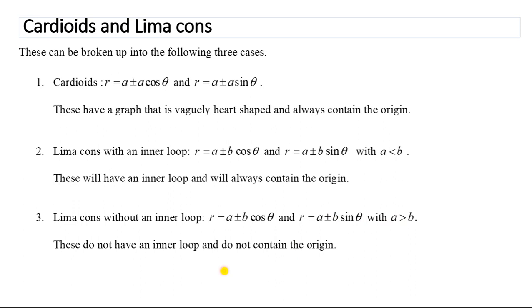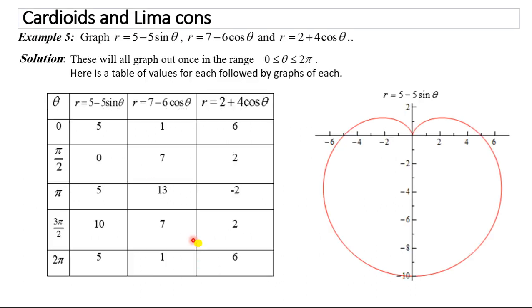Not through origin. Graph r = 5 − 5 sin θ, r = 7 − 6 cos θ, r = 2 + 4 cos θ. θ from 0 to 2π.